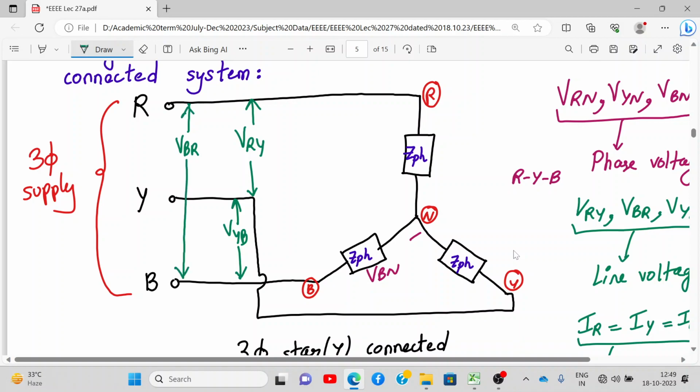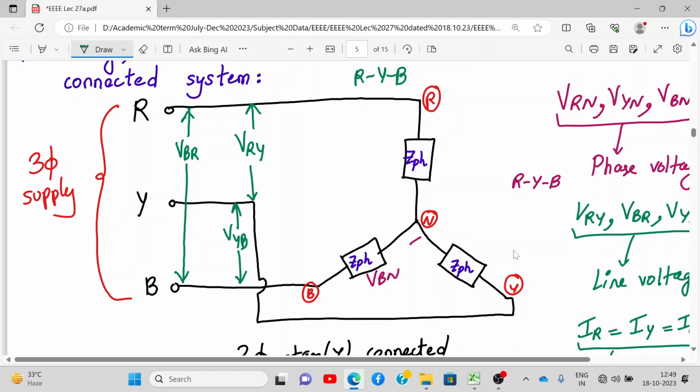Understood? Why not RB? Why VBR? I'll tell you. R, Y, B should be followed, na? So first voltage is VRY, second voltage is VYB, next voltage is VBR. Understood? Follow the same sequence. VRY, VYB, and VBR. So mark this much.